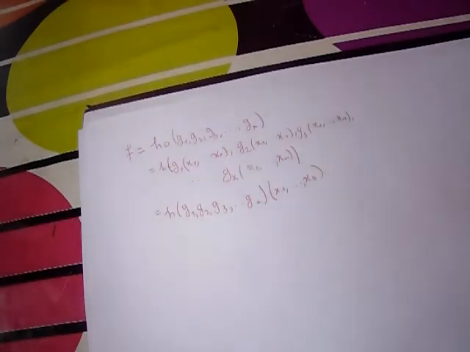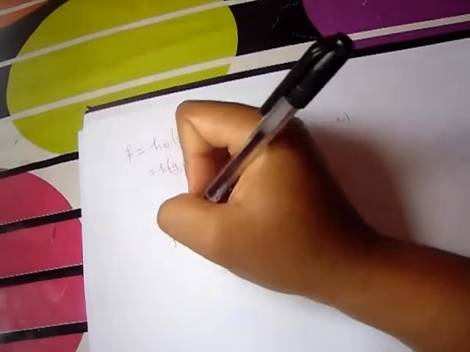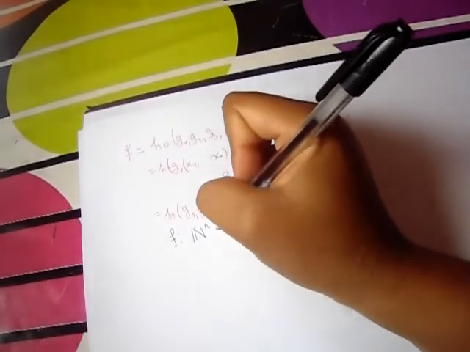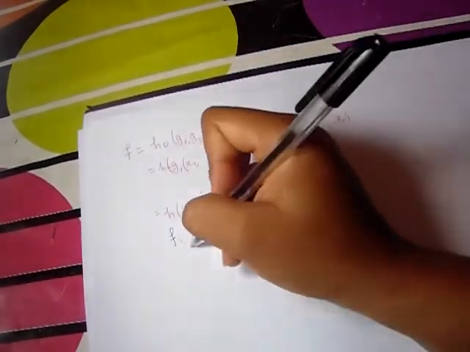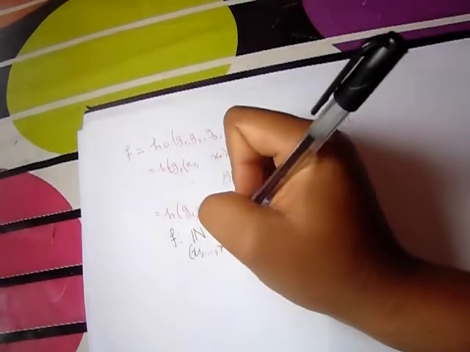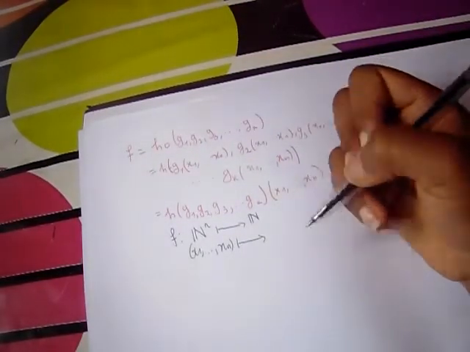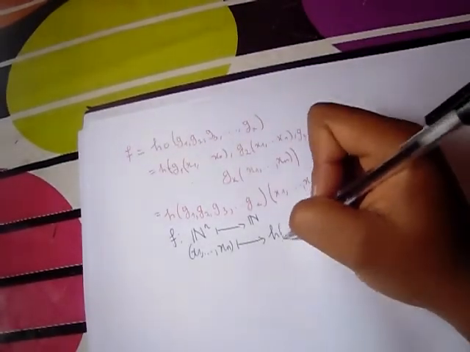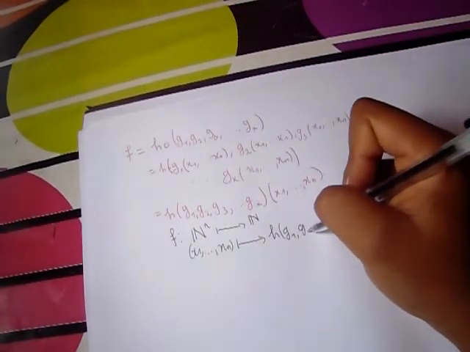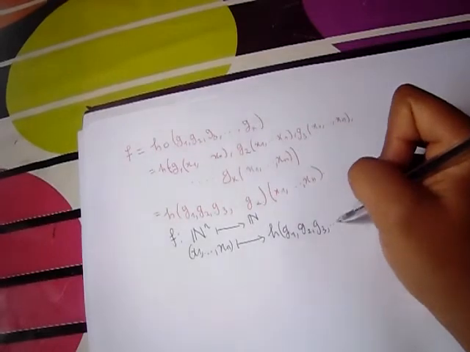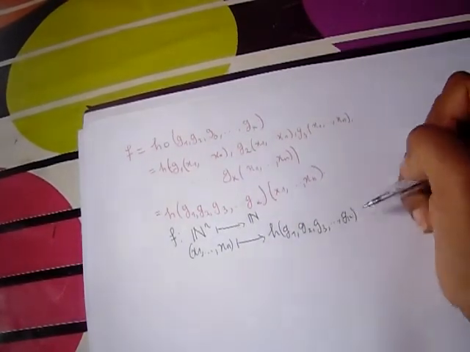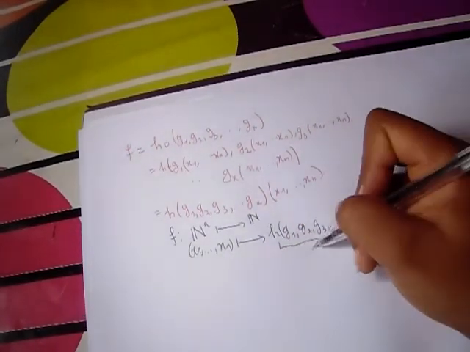So at the end of the day, it means we are going to have this f de n puissance n vers n de x1 jusqu'à xn, and it's going to be associated with this function that we have just right above. Now this, remember, this whole thing is f.